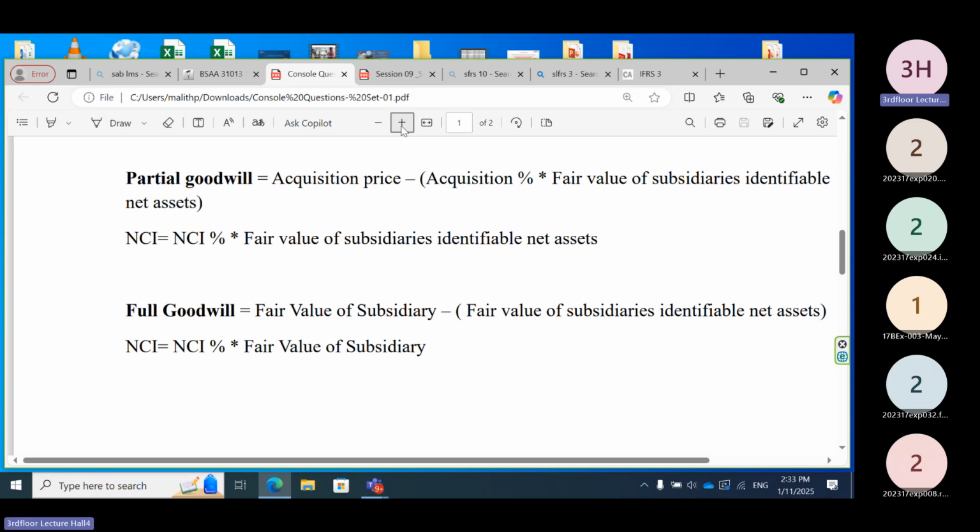So here I have given the partial goodwill formula and the full goodwill formula, and here the overall formula.